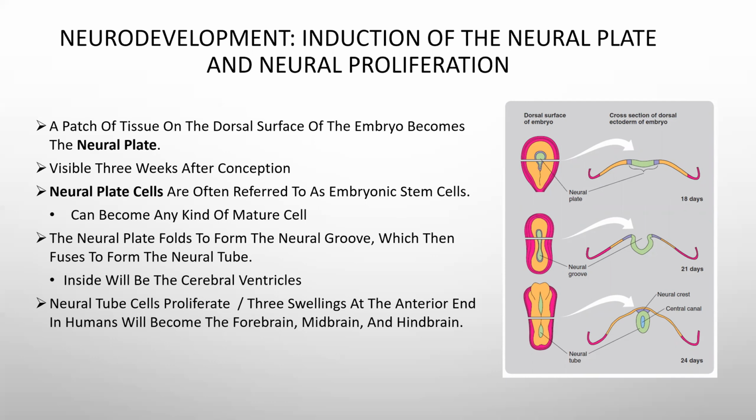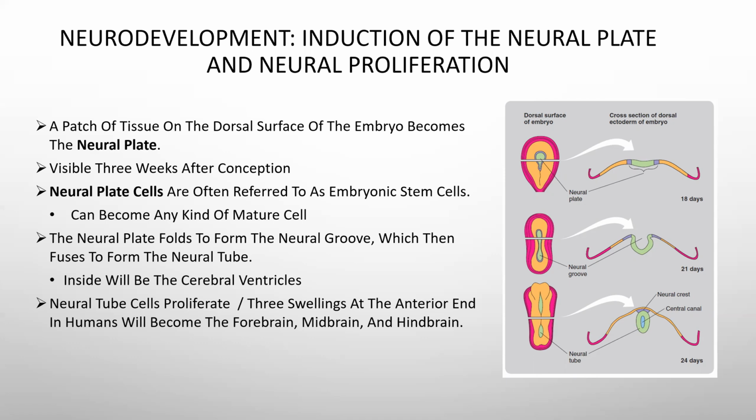You've probably heard that term before, because they can become any kind of mature cell. You've probably heard of the fetal transplants where they're using these embryonic stem cells. The neural plate folds to form the neural groove, which then fuses to form the neural tube. And you see that again on the graphic.